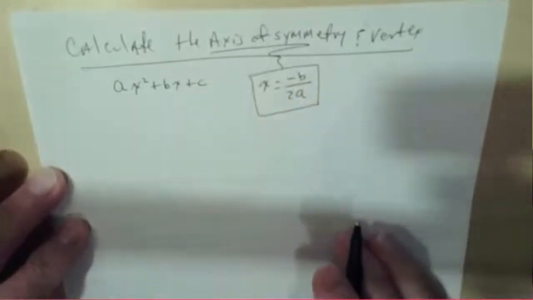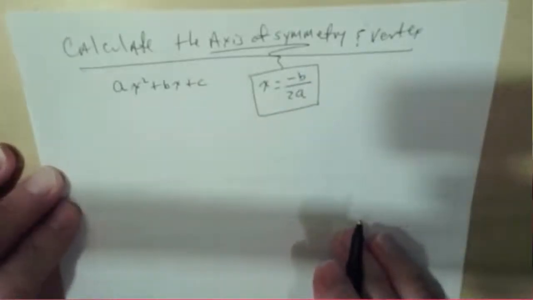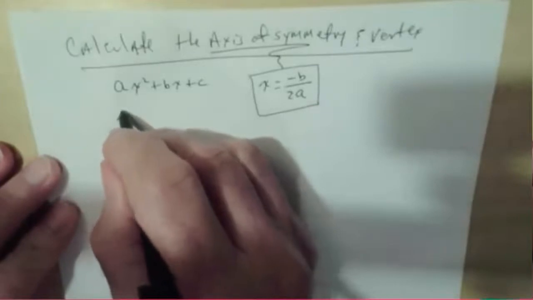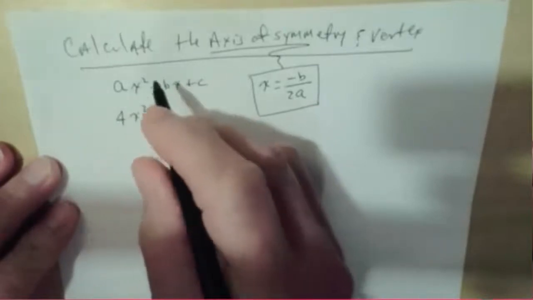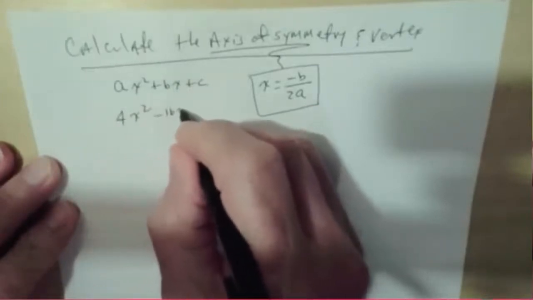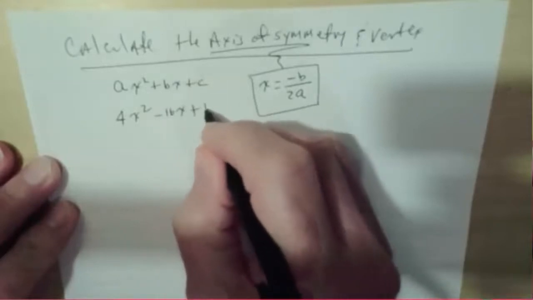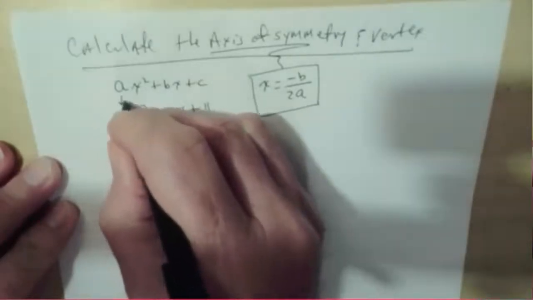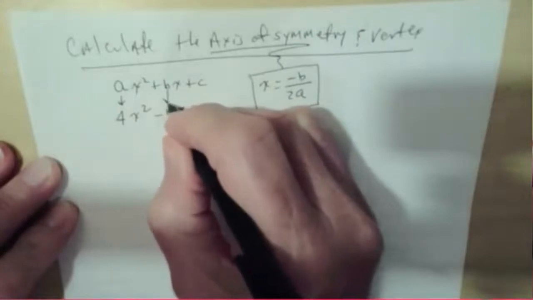Okay, so if we have 4x squared minus 16x plus 11, there's the a, there's the b, and we really don't care about the c right now.